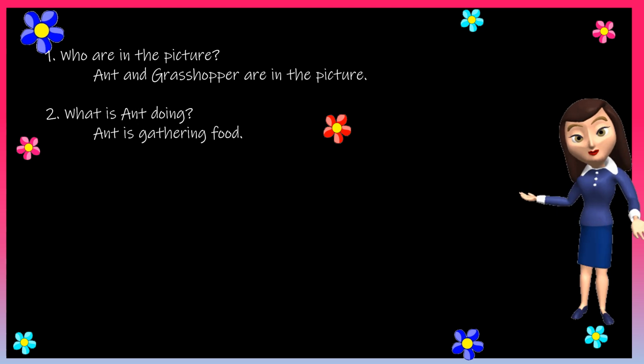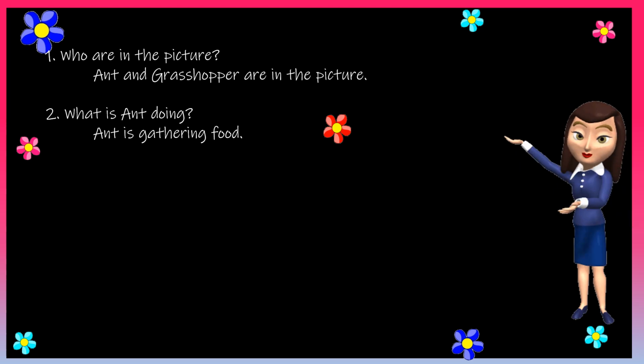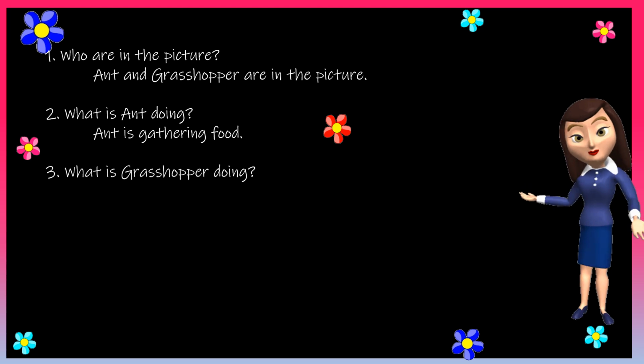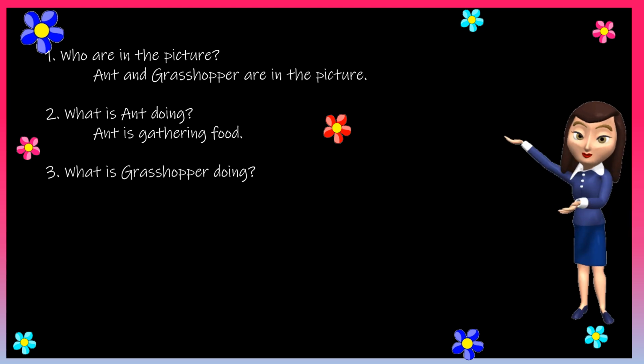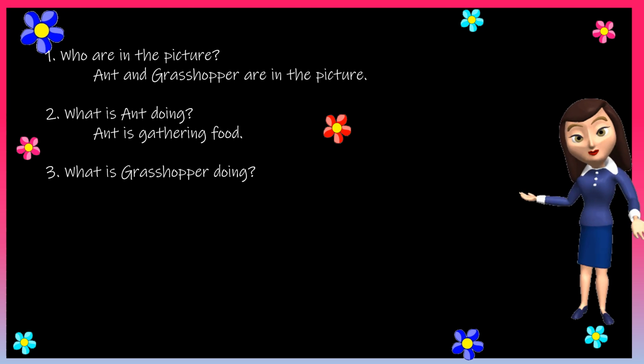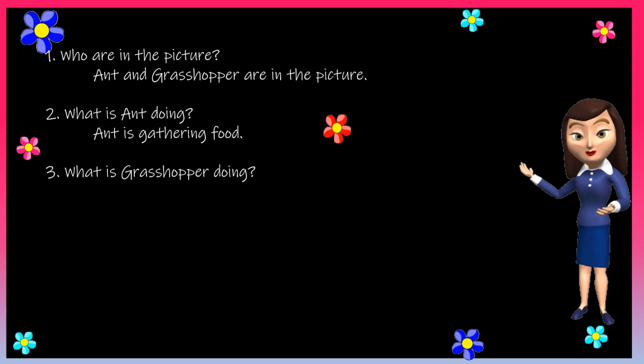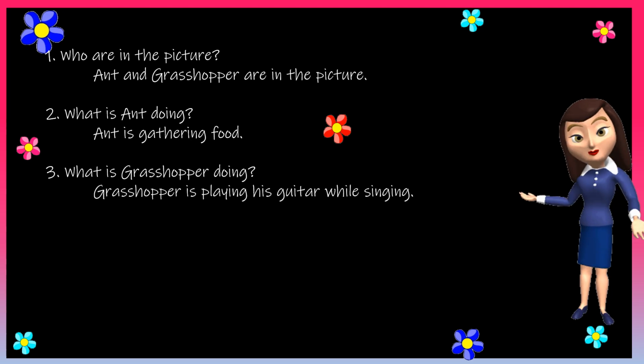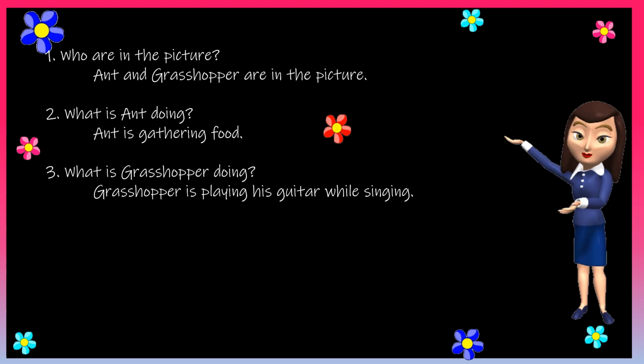Ant is gathering food. Number 3. What is grasshopper doing? That's very good. Grasshopper is playing his guitar while singing.